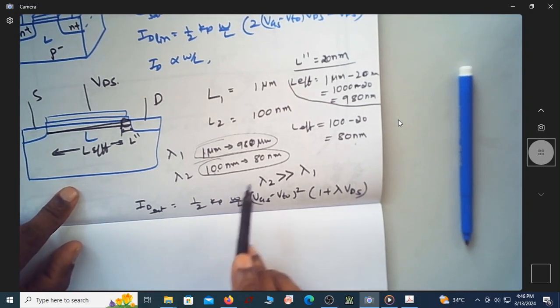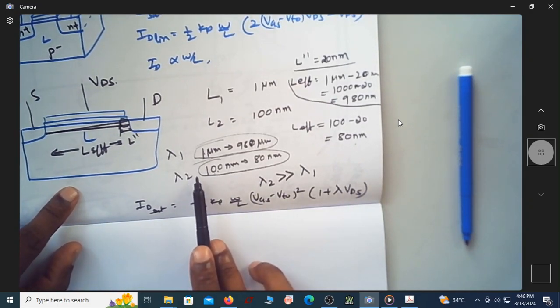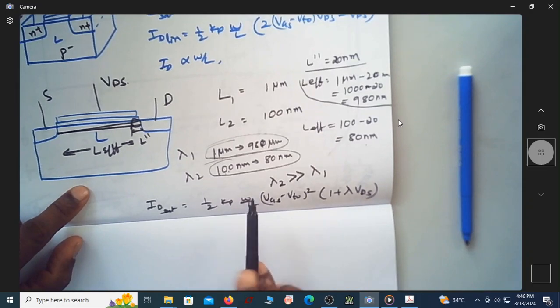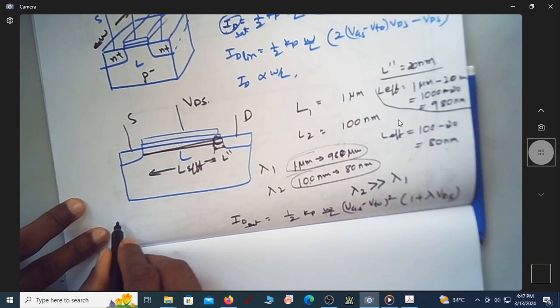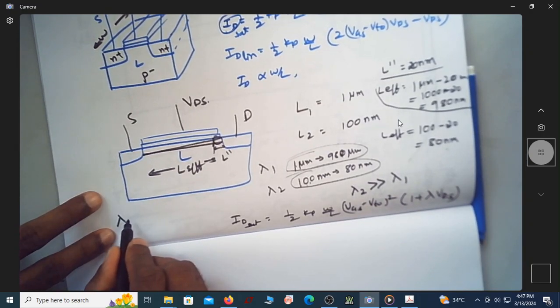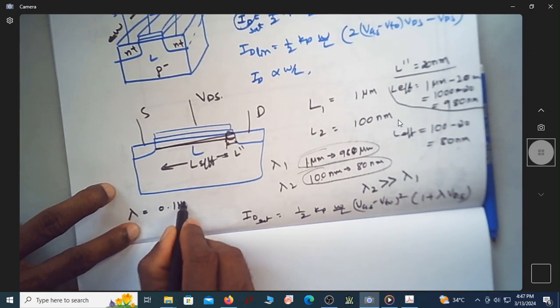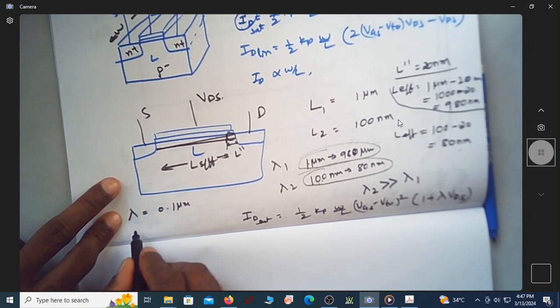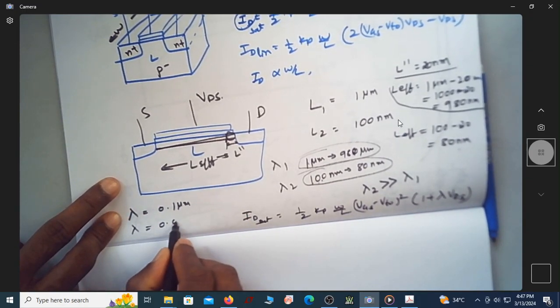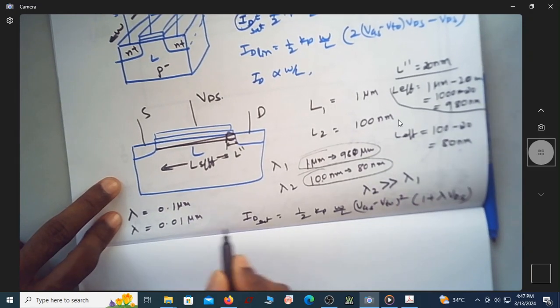Naturally for a shorter channel length transistor, lambda will be more. Typically lambda is 0.1 micrometer, or lambda is equal to 0.01 micrometer.